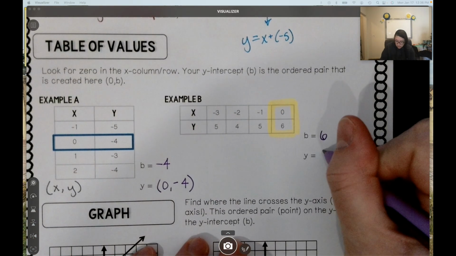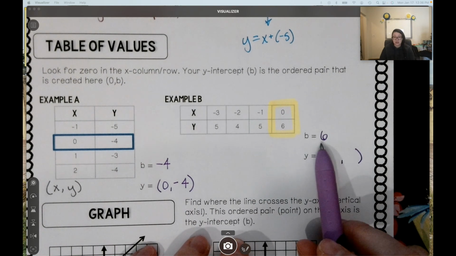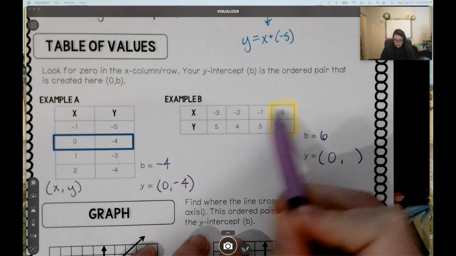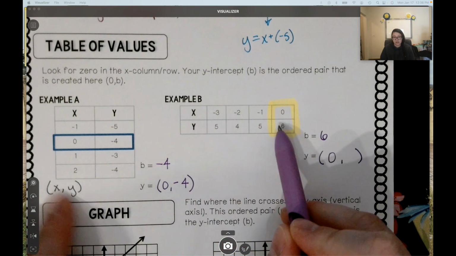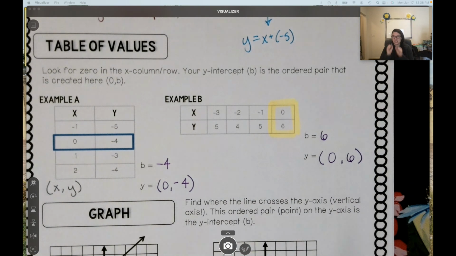Now we need to write it as an ordered pair. Your y-intercept ordered pair is always a 0 first, because my x comes first, and then my y would be 6. 0, comma 6 is the location on my graph.